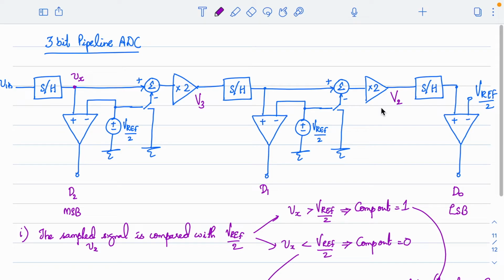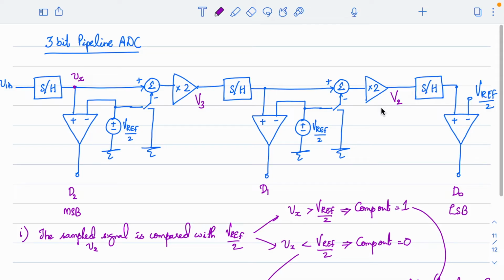Now we'll take a specific example in the 3-bit ADC itself, and see how this happens for every input voltage. When you look at the advantages, one thing you can see is that to get an output for a specific input, it has to pass through many stages.